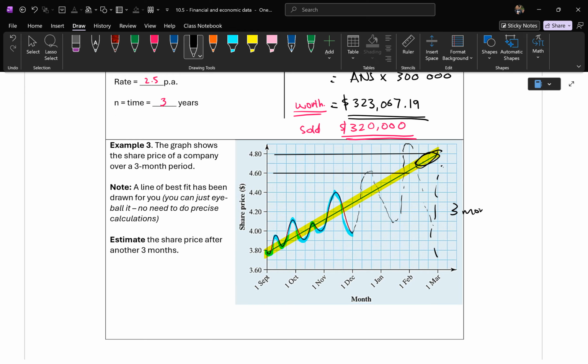So in 3 months' time, we're guessing it's 4.6 to 4.8, roughly. Okay, so this is the last bit. It's looking at data and then doing a prediction based on a line of best fit. What would you expect it to roughly be? And it may not be true, but that's why it's an estimate.